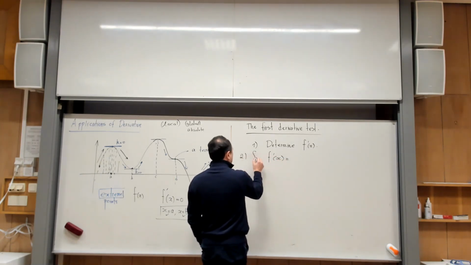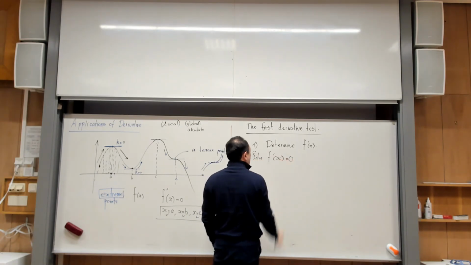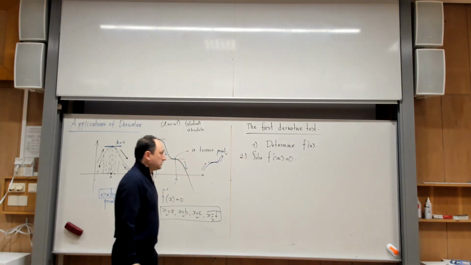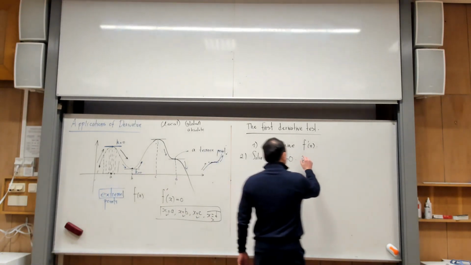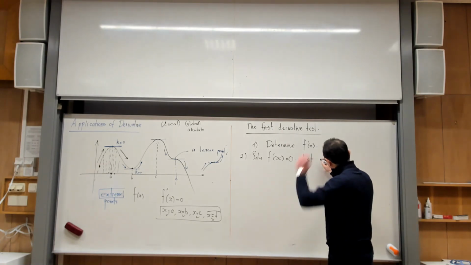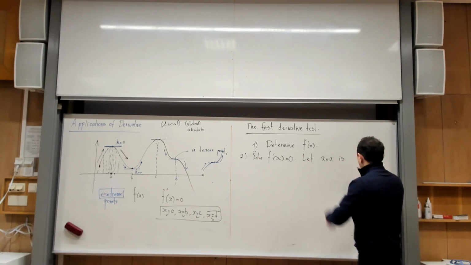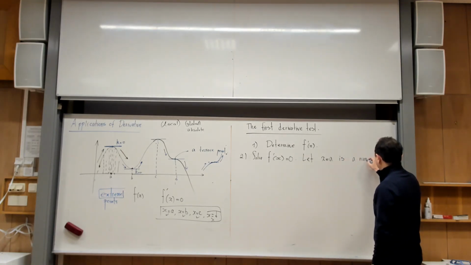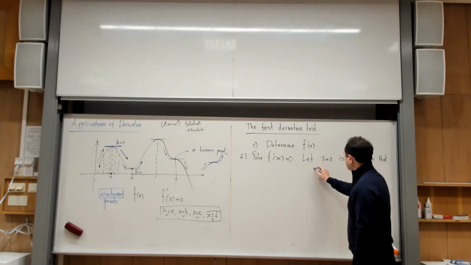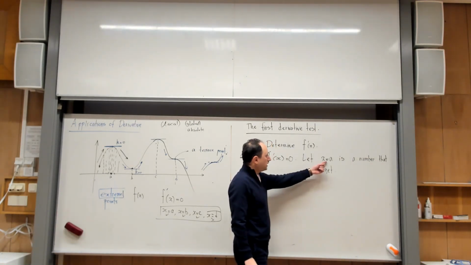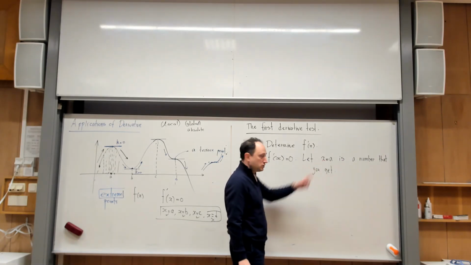Solve f prime x equals 0. Let us say x equals a is a number that you get. Okay? And then you want to know if this is a max or a mean or a terrace. This you want to know.